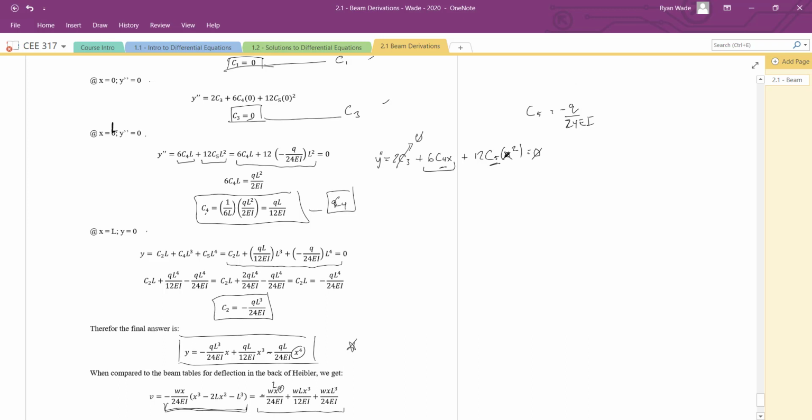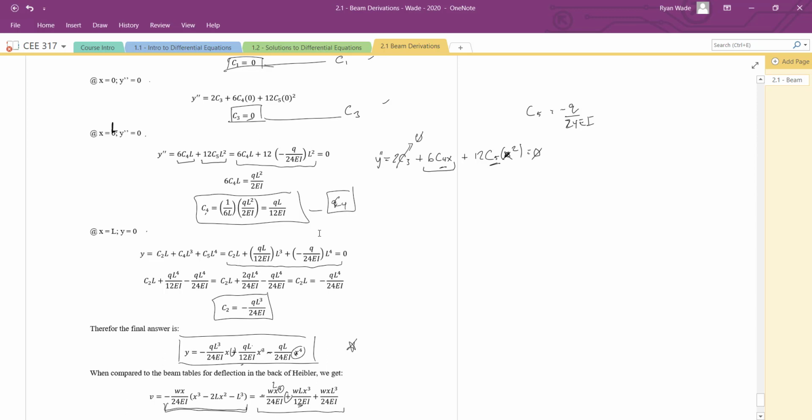If you look at the fourth x term, I've got qL over 24 EI, negative, so negative x to the fourth. I've got wL times x to the third over 12 EI, and that's a positive. And then I've got, did I do something wrong here again? My x term.